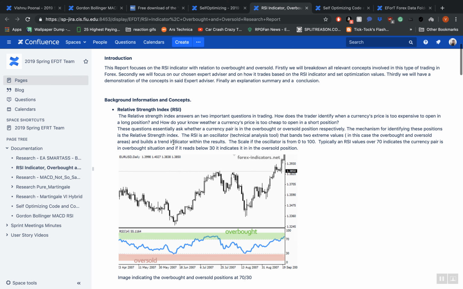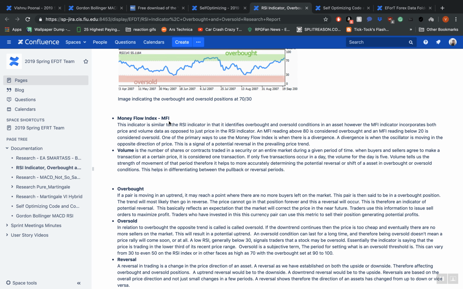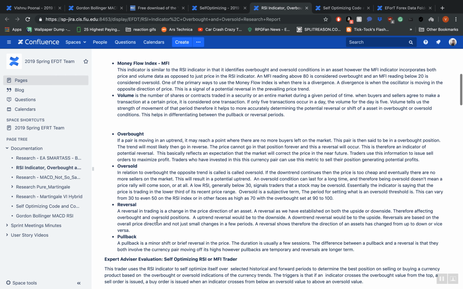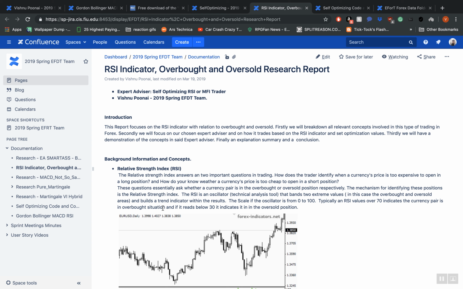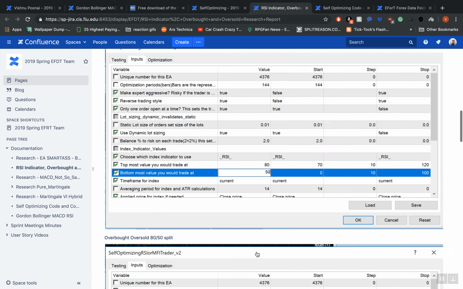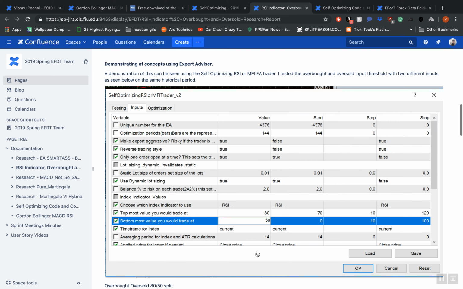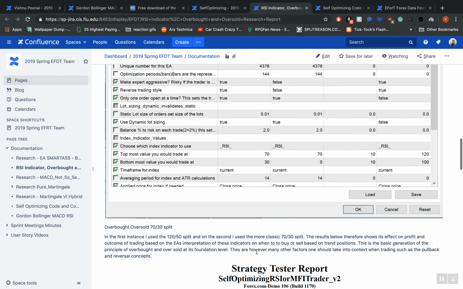If you need to know what the relative strength index, RSI, money flow index, MFI, overbought, oversold, reversal, and pullback are, these are all related to how this trader works. I would recommend, if you aren't familiar with these terms, to use this research page. The research page also, as seen here, goes into the optimization values that I used in determining how to work with this Expert Advisor.